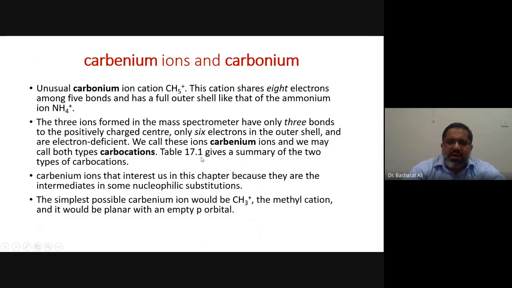Table 7.1 gives a summary of the two types of carbocations. This table is present in the book of organic chemistry written by Clayden, and you can find this table and its summary in original form in this book.